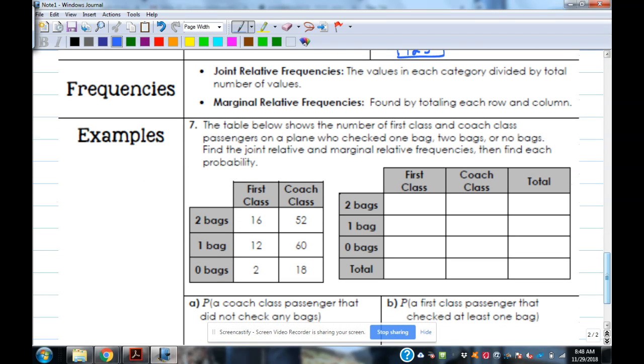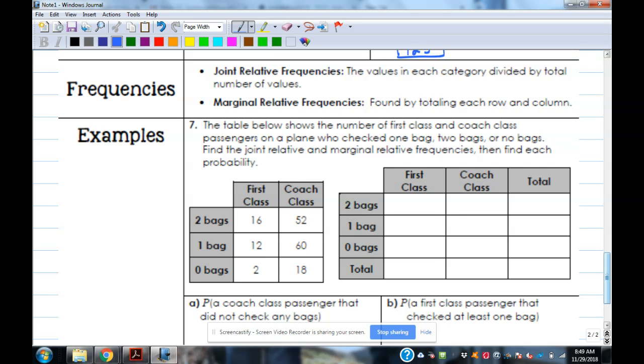All right. The table below shows the number of first class and coach class passengers on a plane who checked one bag, two bags, or no bags. Find the joint relative and marginal relative frequencies. Then find each probability. To find any of those frequencies, we need the total number of values, right?